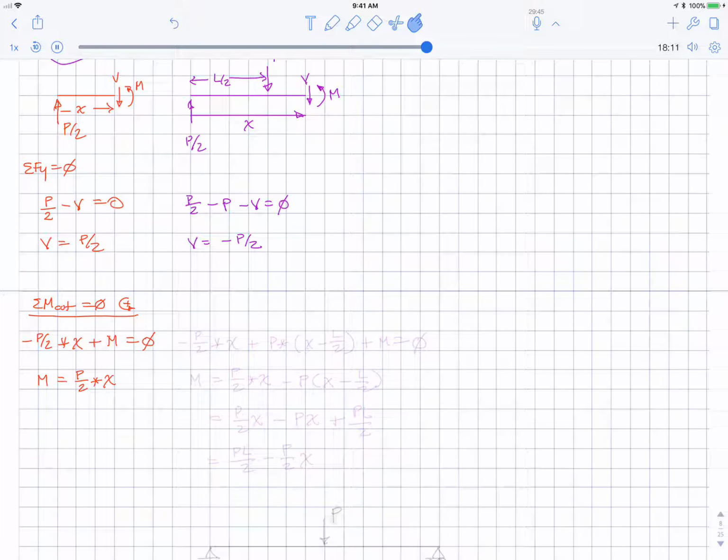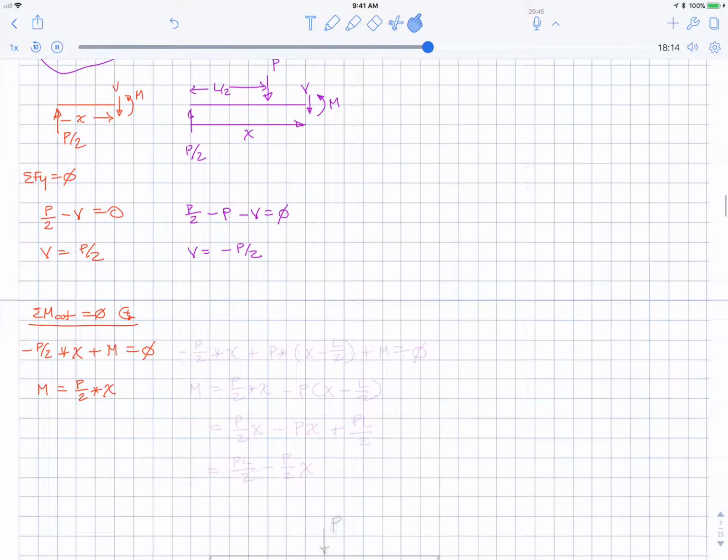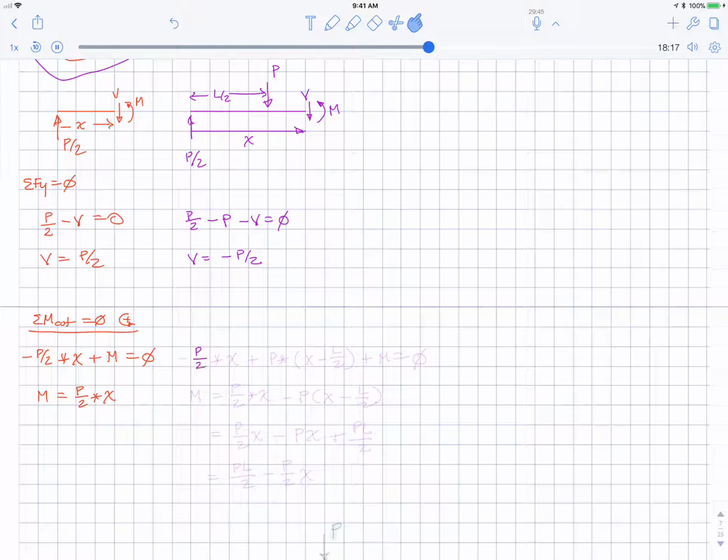Doing the identical thing for the purple free body diagram, we have that reaction of P over 2 times that distance X, and that's going clockwise around the cut, so again negative. It's the same as before. But now we have this P. It's plus P times the distance from P to the cut, which will be X minus L over 2, right?